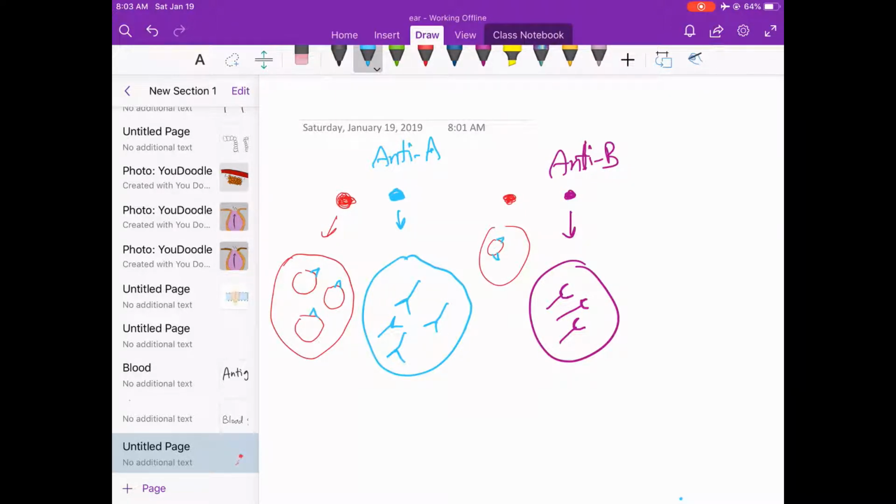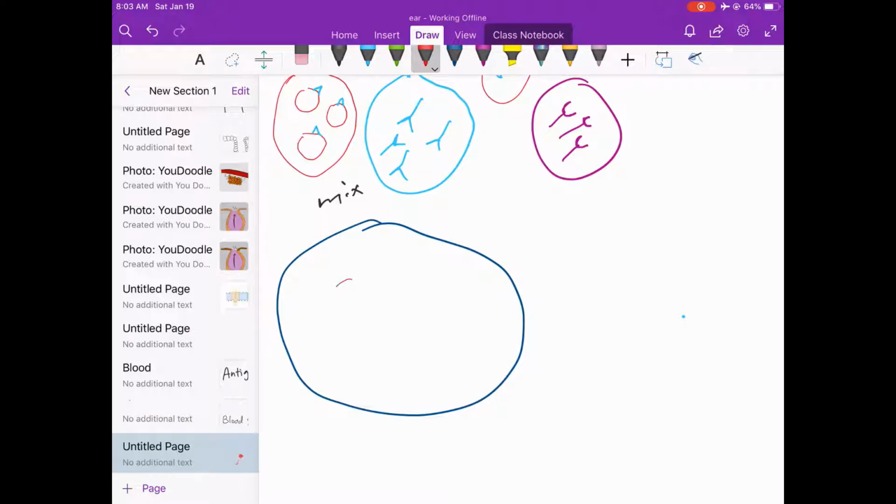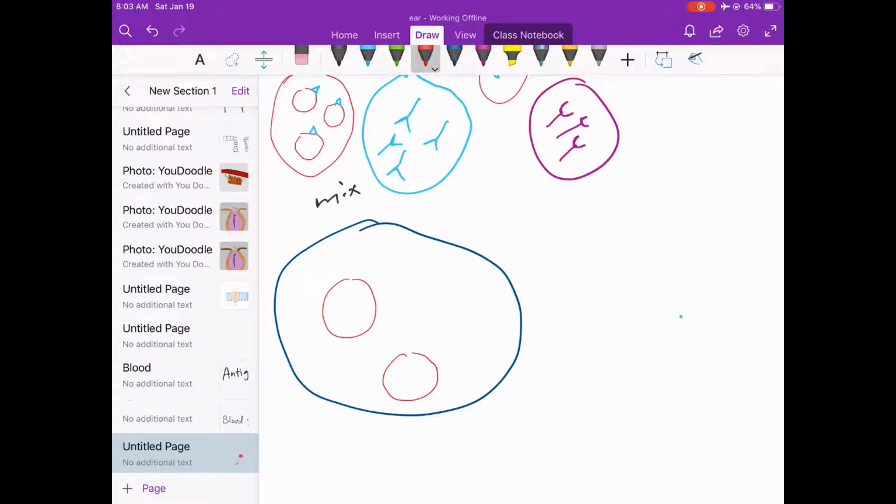Now, when we mix them, what are we going to have? Let's draw it in a mid color between them. We will have the red blood cells with their antigens and the antibodies binding to them, right? Because these are anti-A antibodies.